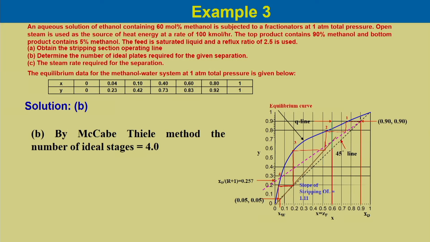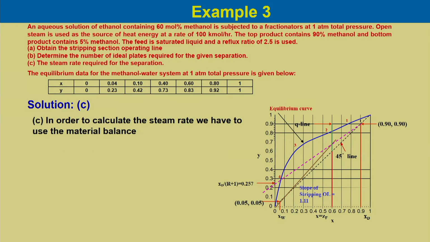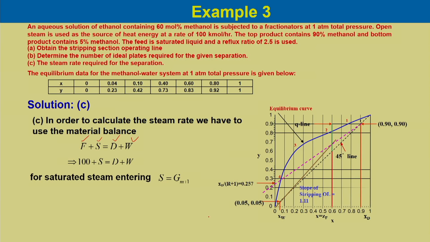And then the third part is to calculate the steam rate required for this separation. In order to calculate the steam rate we use the material balance equation, that is F plus S equals D plus W: feed and steam rate, then the distillate rate and the bottoms. Steam is given as 100, so 100 plus S equals D plus W. For saturated steam entering, S would be equal to Gm plus 1.